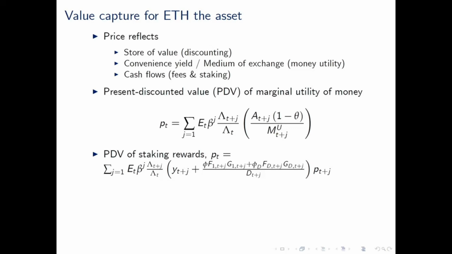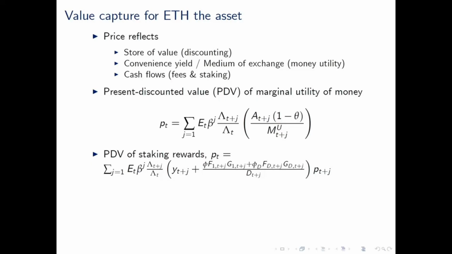This is something you could use for fundamental valuation, but there's an issue: the price shows up on the other side as well. So you're saying something about the current fundamental price as a function of what you think the future price is going to be. That's circular logic, which is somewhat of a problem.